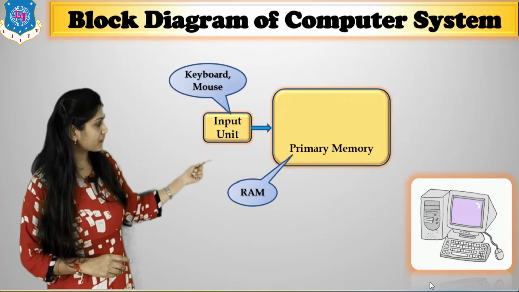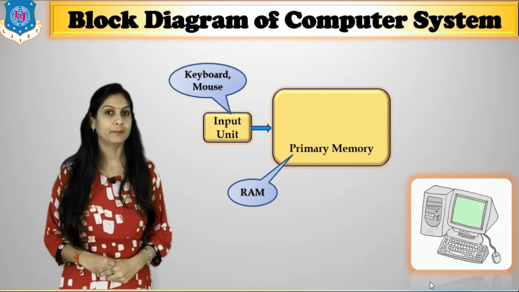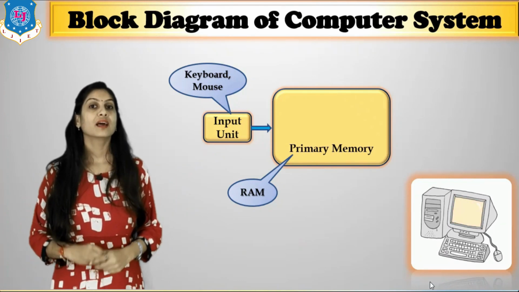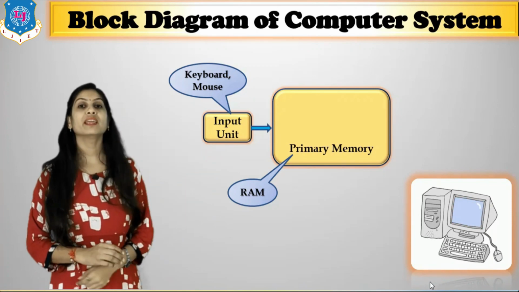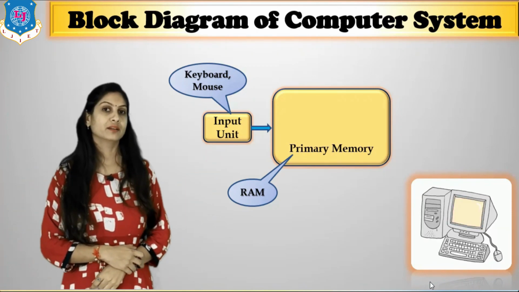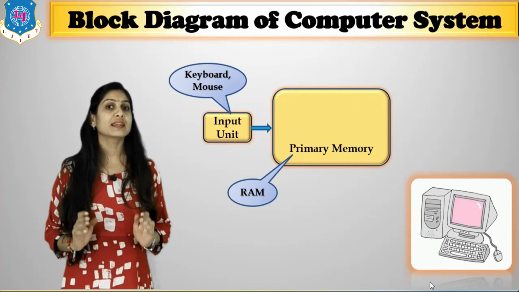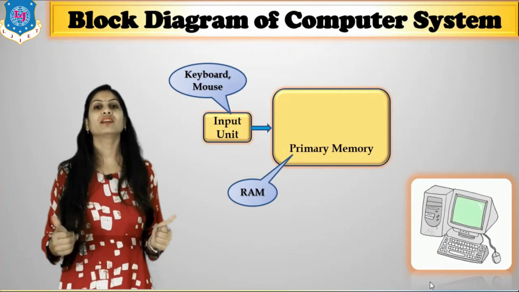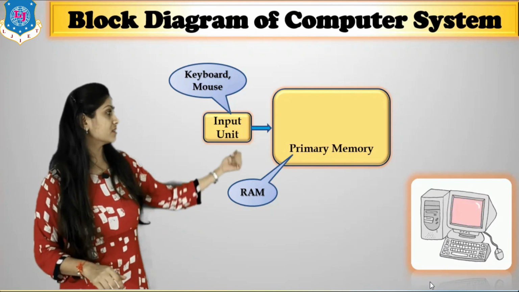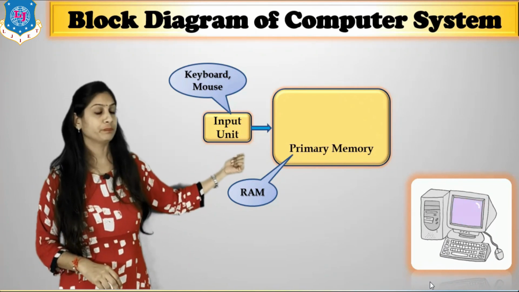An example of primary memory is RAM, the full form is random access memory. This primary memory is a volatile kind, meaning it is a temporary storage. If the computer is switched off, then our data is lost. This is primary memory.